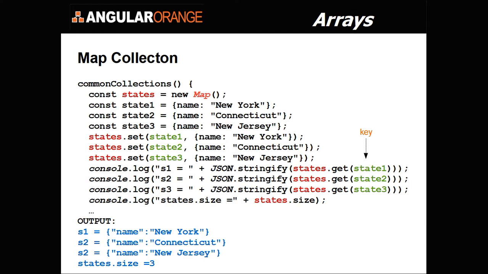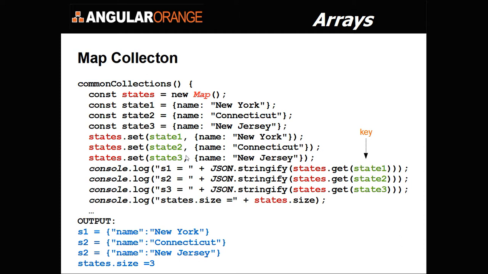We talk about the map collection, and what you can do is you could do a constant states, instantiate a new map, and then basically set keys corresponding to the values.